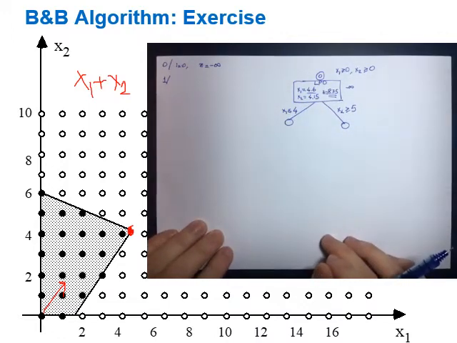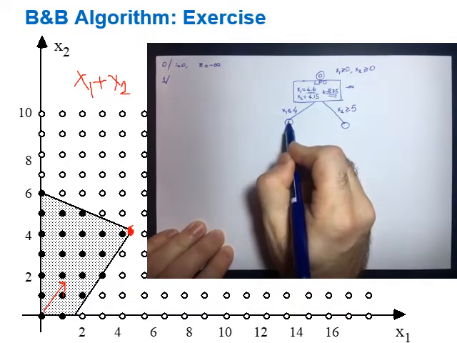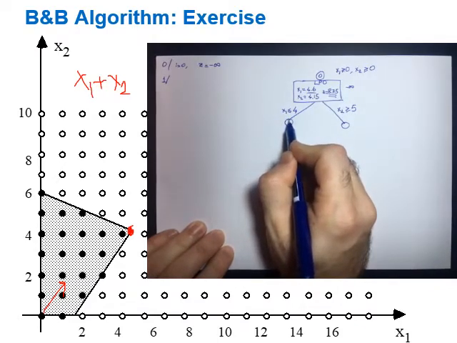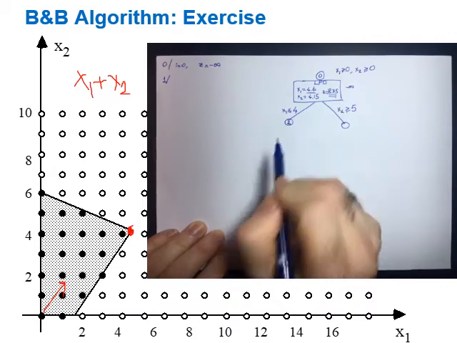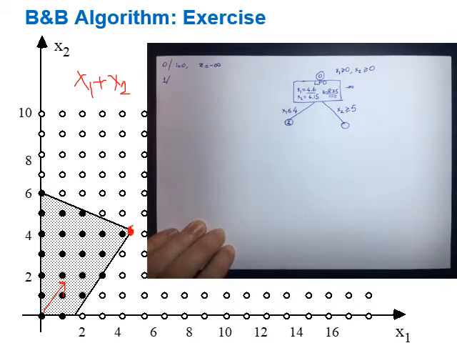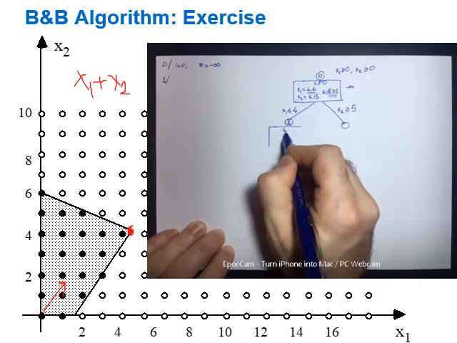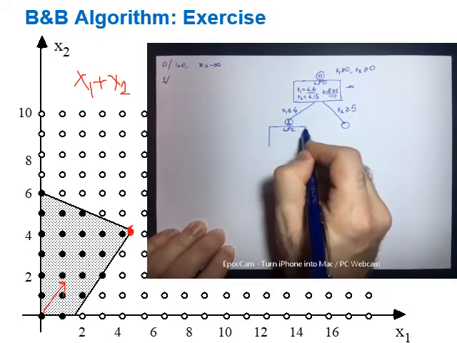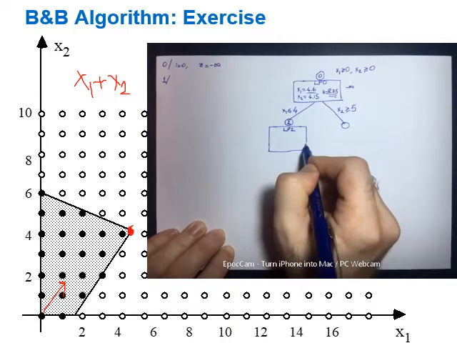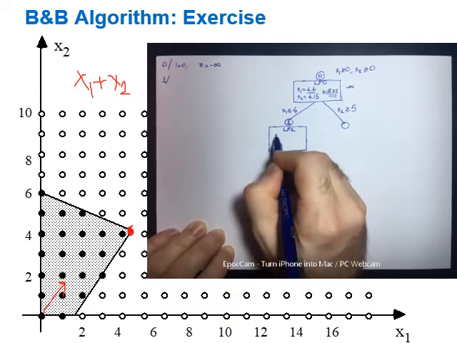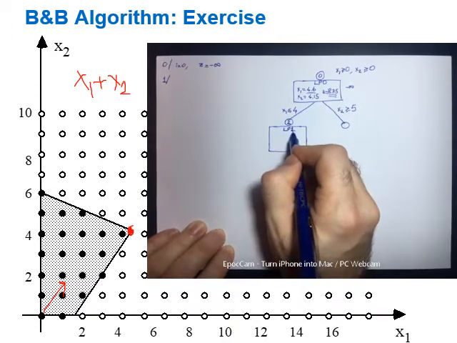Here my decision is to select this side. That's why I'm putting a number of 2 here. So this is the next index, and in this one I have LP2. And what is LP2? LP2 is LP1.